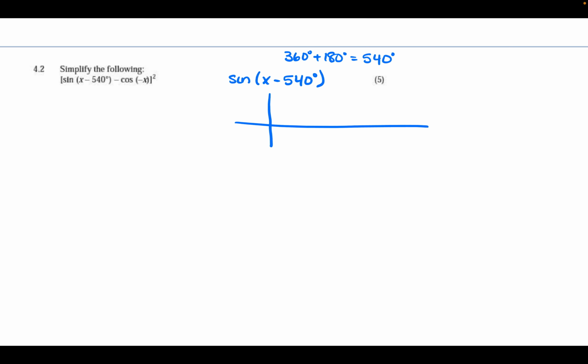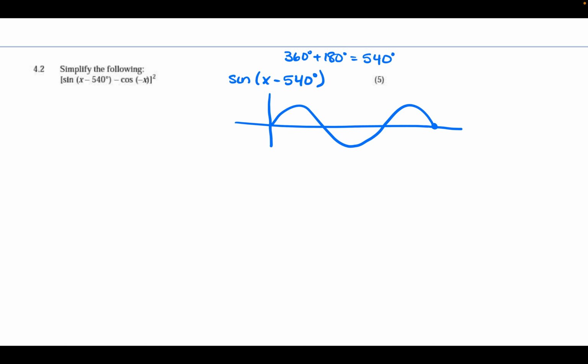One would be thinking about the sine graph and knowing that 540 is 1.5 times the period. So a full graph goes 360 and another 180 is another half of a wave.